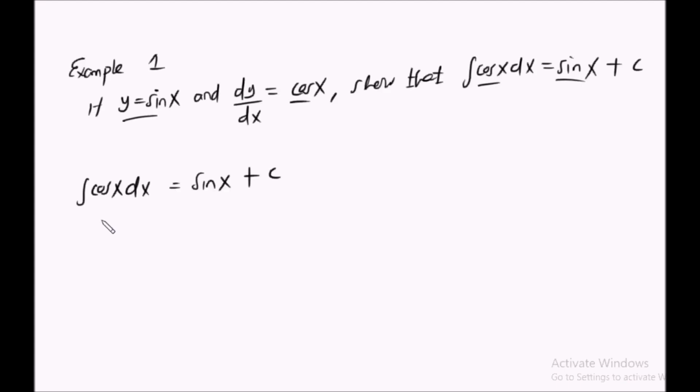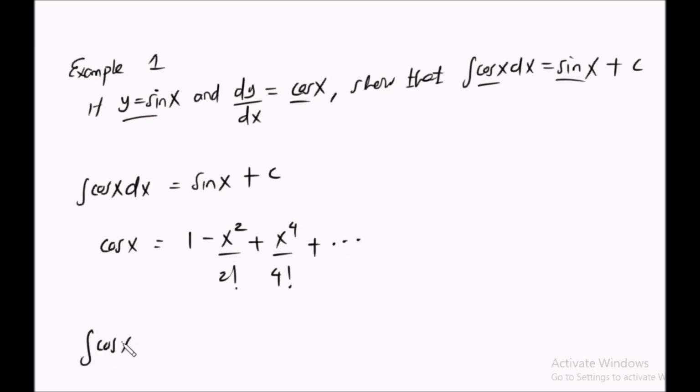Cos of x, I'm trying to solve this example, is equal to 1 minus x squared over 2 factorial plus x power 4 over 4 factorial and it continues as I said. So now if I integrate this cos of x with respect to x, this cos of x here is from the Maclaurin series.